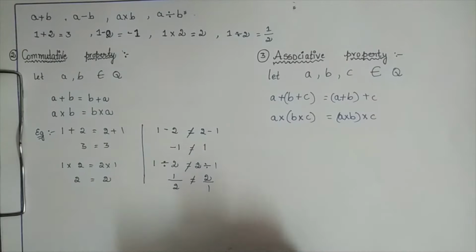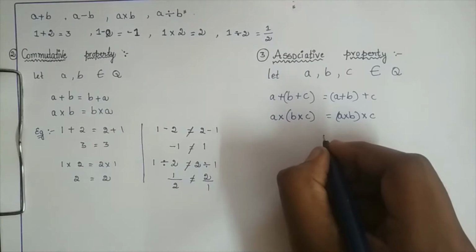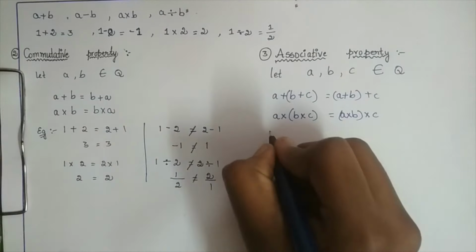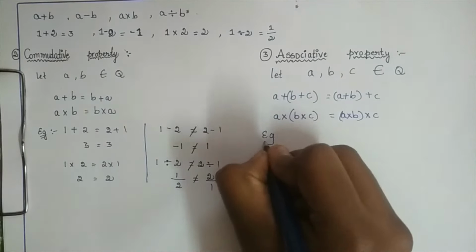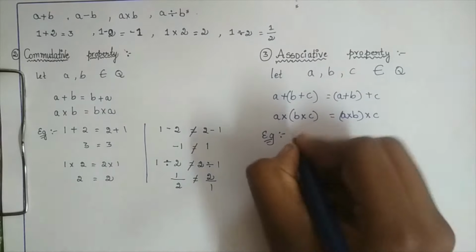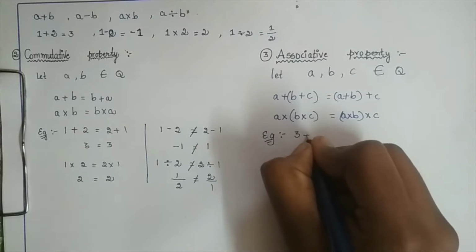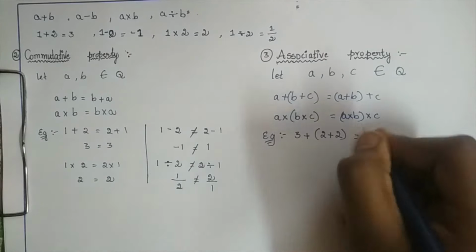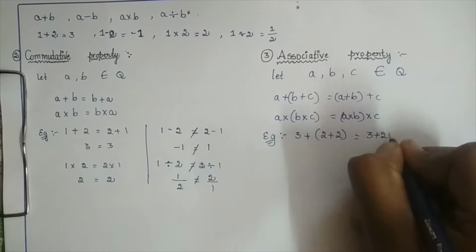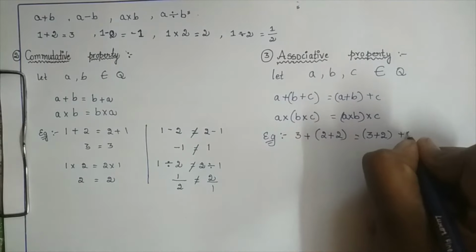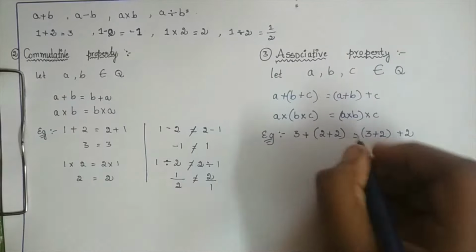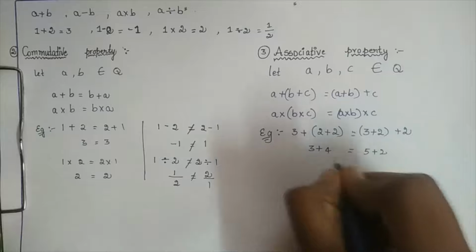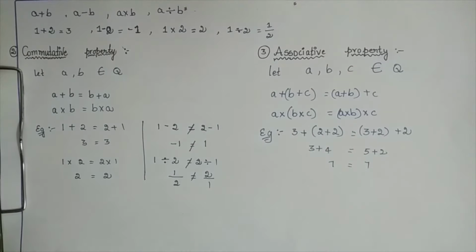In the same way, this property also does not satisfy under subtraction and division. Once we will check that one. 3 plus (2 plus 2) is equal to (3 plus 2) plus 2. So here 3 plus 4 is equal to 5 plus 2, which is nothing but 7 of 7.